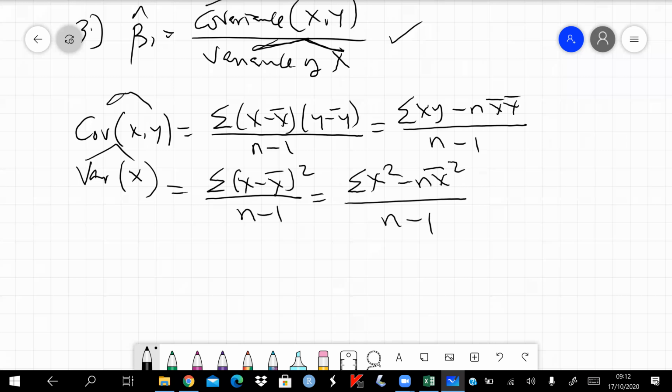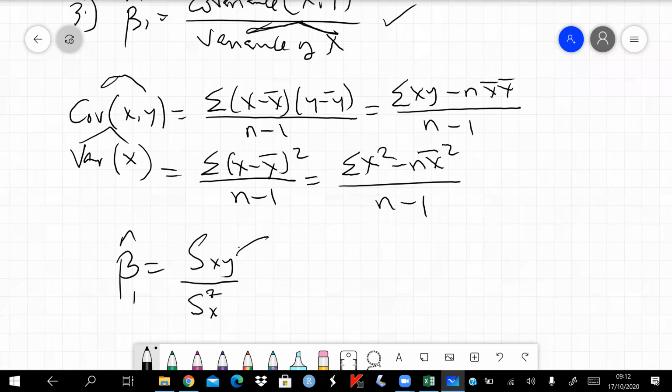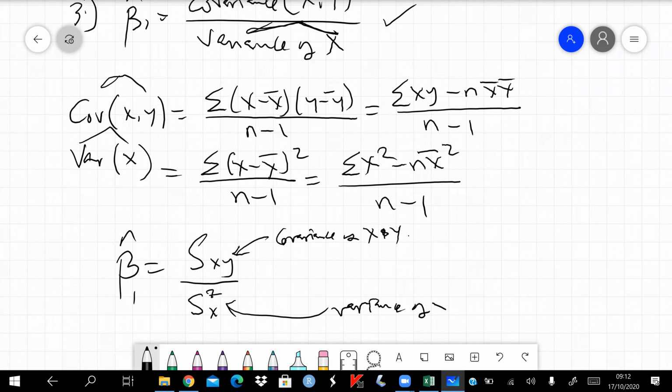In more symbols, we can say this is the same as s of xy divided by s squared of x. So this is the covariance of x and y, and this is the variance of x. It's good for you to be familiar with the different ways in which beta 1 can be expressed.